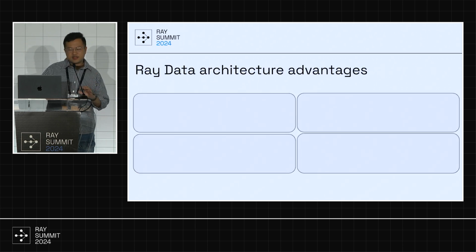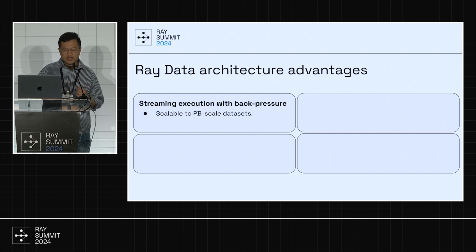Okay, now let's wrap up the architecture and check out what advantages we get from it. Firstly, with the streaming execution engine that supports back pressure, Ray Data can easily support datasets up to petabyte scale.